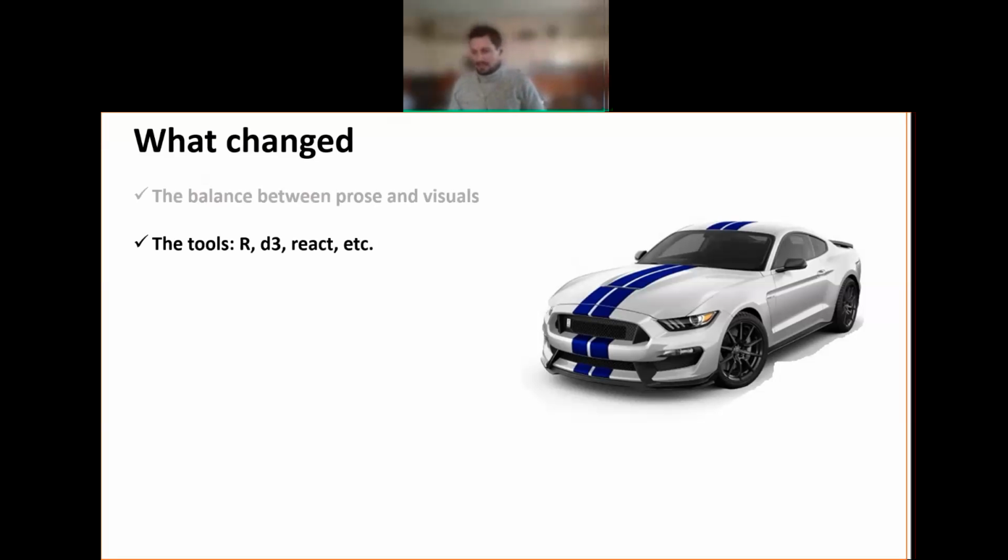The tools now. That's maybe a bit on the technical side of things, but the toolkit that we've used across these different reports has changed a lot. So in the 2017 version, most of the charts were done using R and ggplot2, which is a very widely used charting library in R, and then a layer of Adobe Illustrator to polish the visuals.